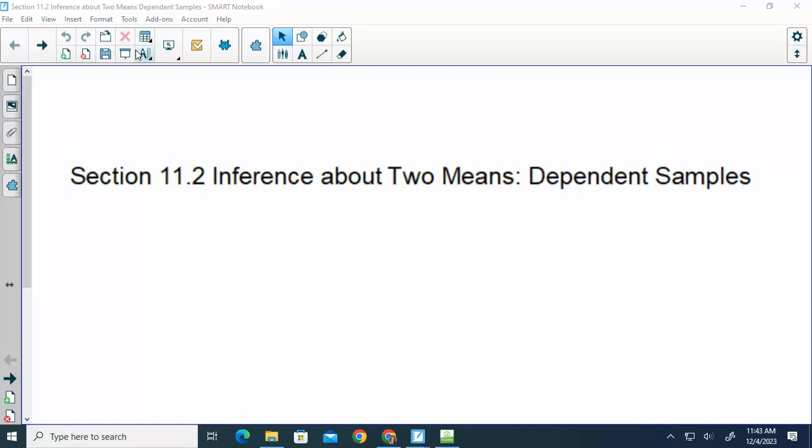We have to check the criteria, and the criteria depends on what variable we're testing, the mean or the proportion. And then we can compute either a t or a z, which again depends on the variable we're testing.